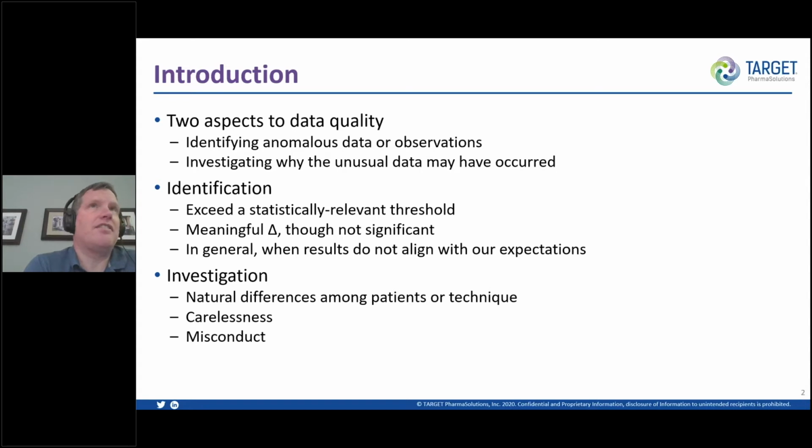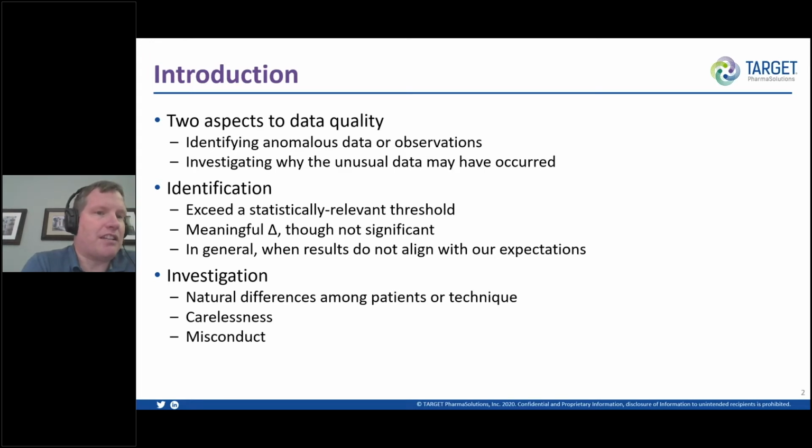And statistical significance often can be potentially a barrier for understanding signals because we may have sites that have few numbers of patients. So understanding how patients are distributed between our sites and how large sample sizes may be at individual sites are certainly important.